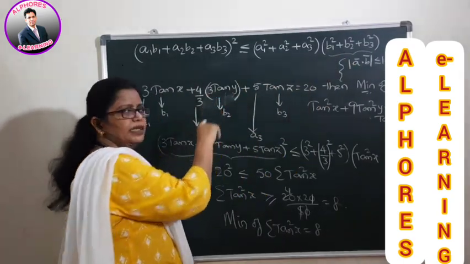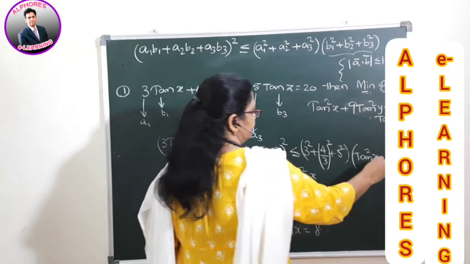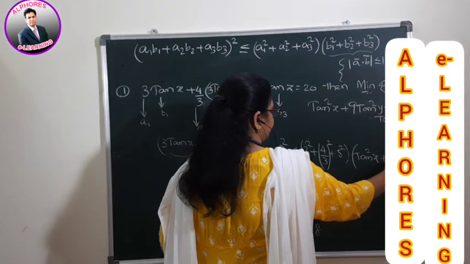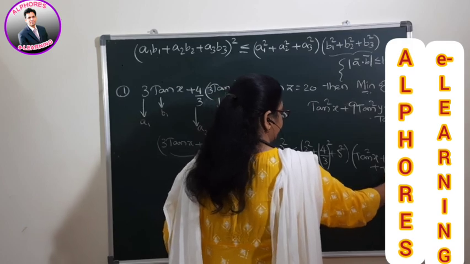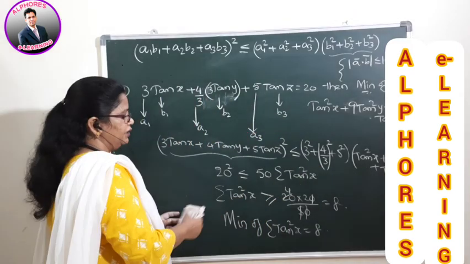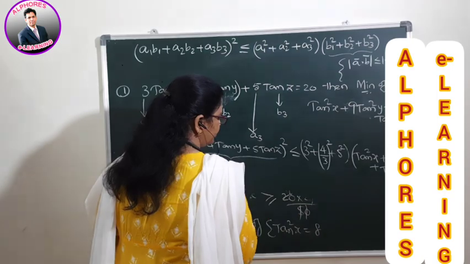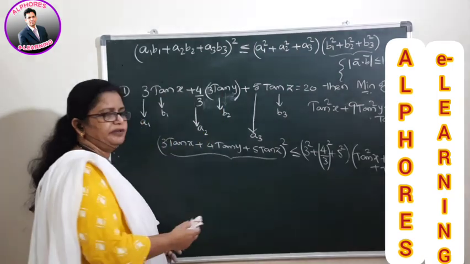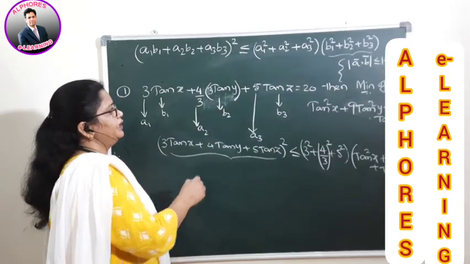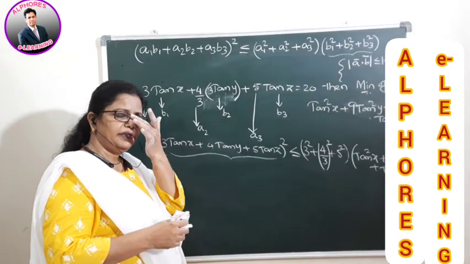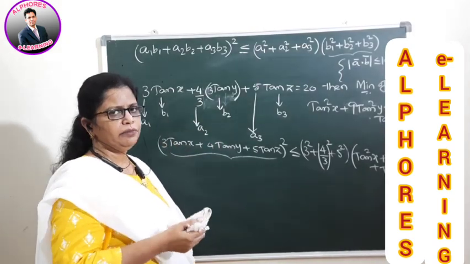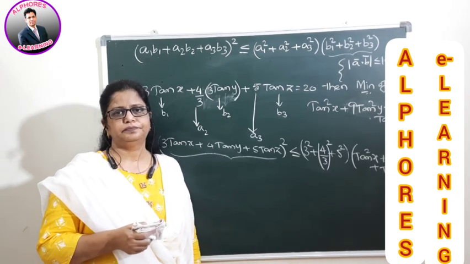B2 square means 3 tan y whole square, that implies 9 tan square y, and plus the other value, tan square z. Then again you can substitute the value and do the simplification. However they give the constant terms, you can adjust and separate them like that, and thereby obtain the minimum value.